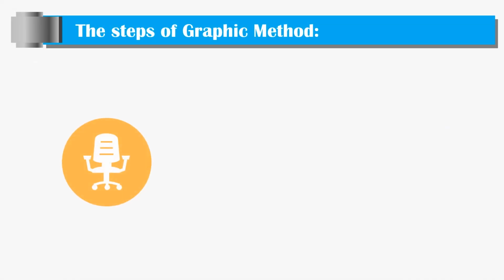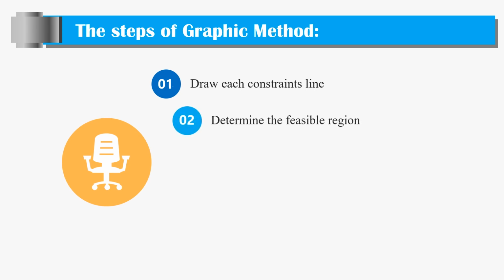Now from the example, we conclude the steps of the graphical method. Step 1, draw each constraint line and determine the lesser or greater direction, and determine the feasible range.